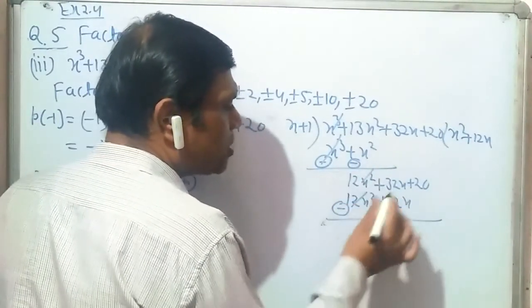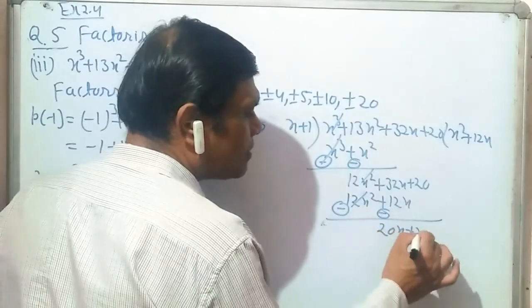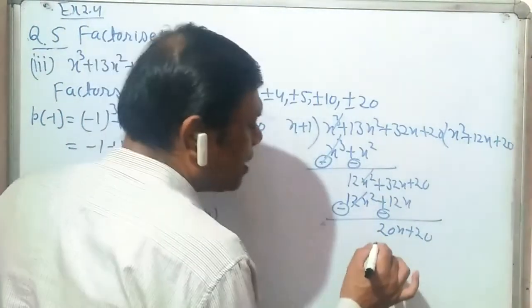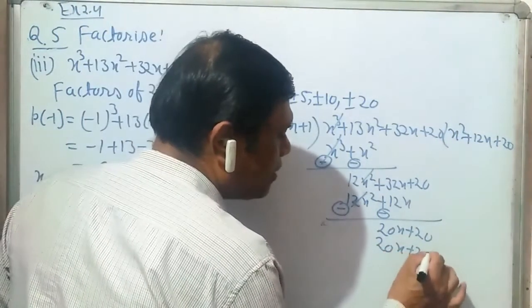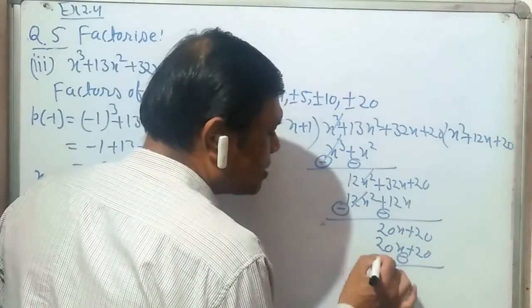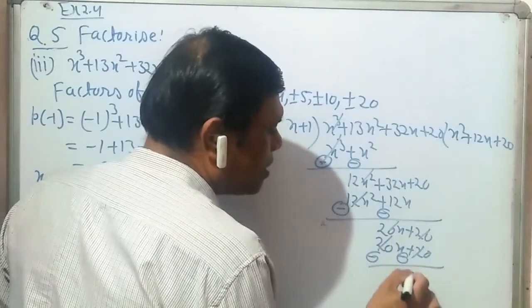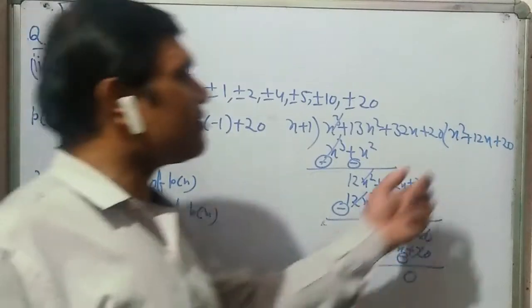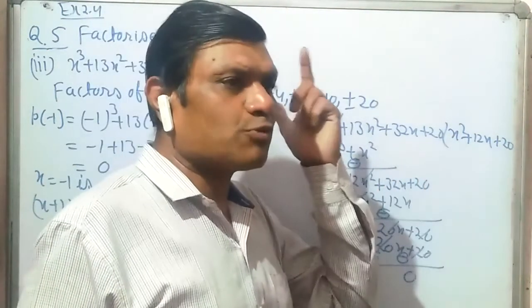Sign change, cancel, 20x plus 20. We are able to directly assess 20 as the quotient, and 20x plus 20 is giving us total remainder as 0. So what we are left to factorize is x square plus 12x plus 20.